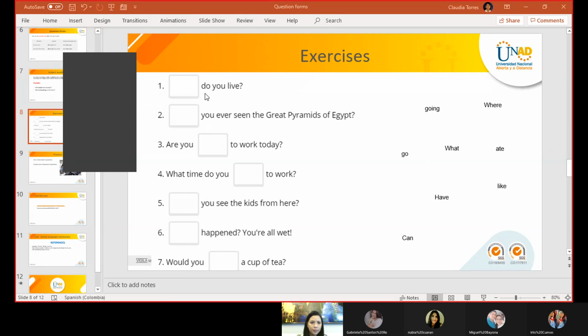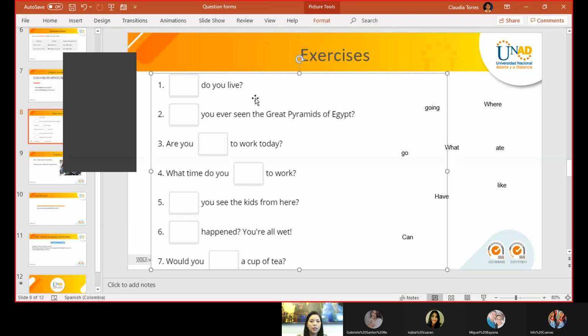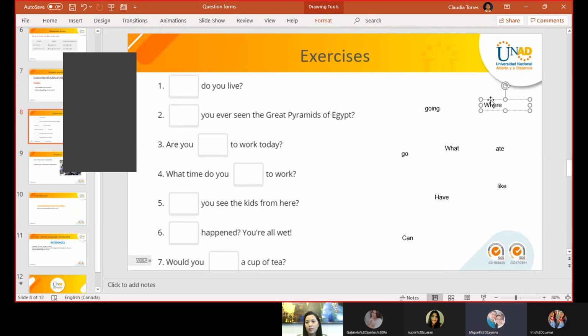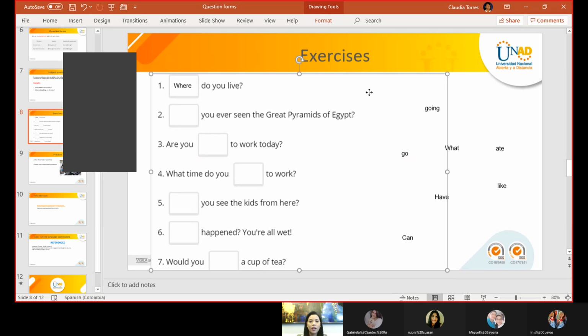So here in the first one, there's a blank, right? So you have to fill in the gaps with the words that are here. So for example, do you live? How would you fill in the blank in this question? Where, right? So where do you live? Okay, and what about number 2?